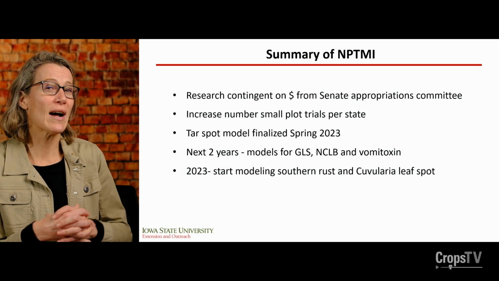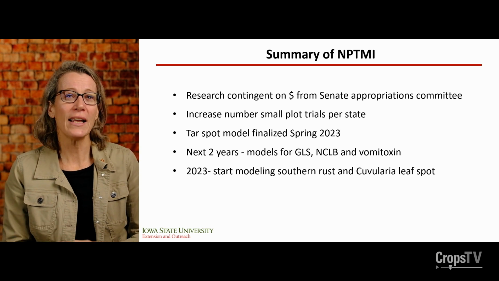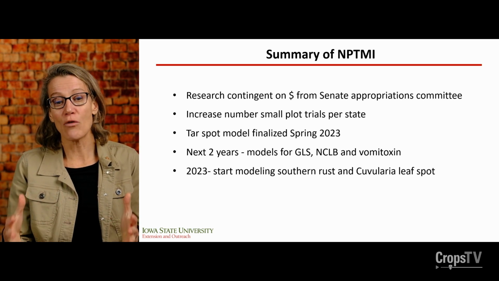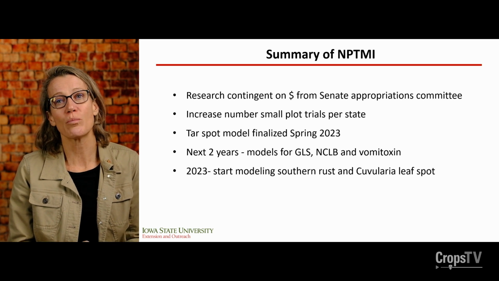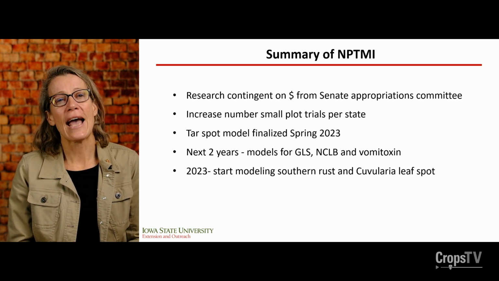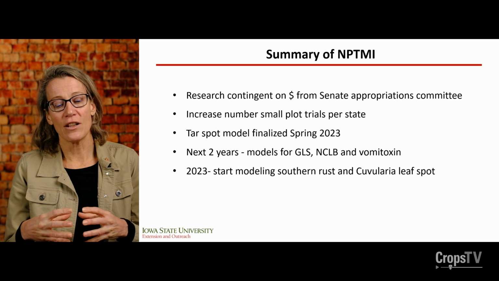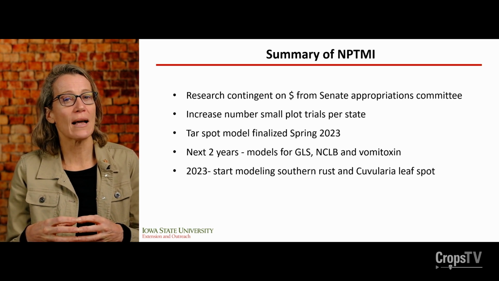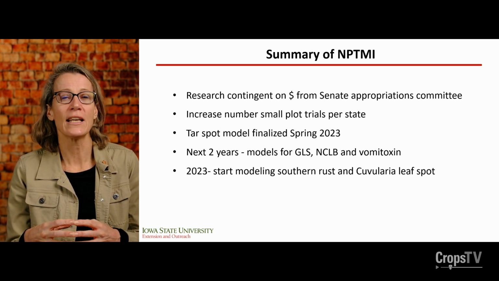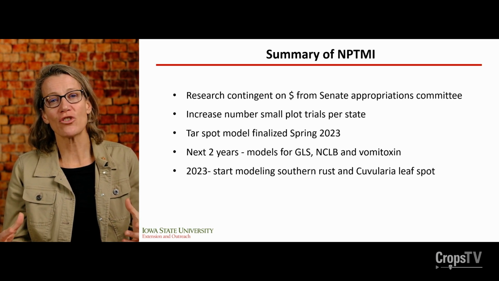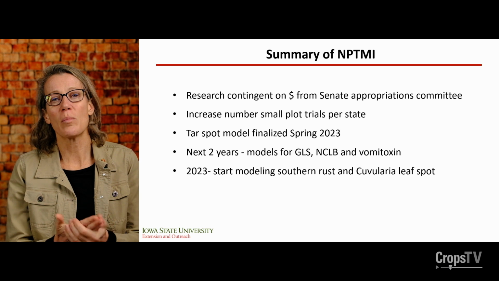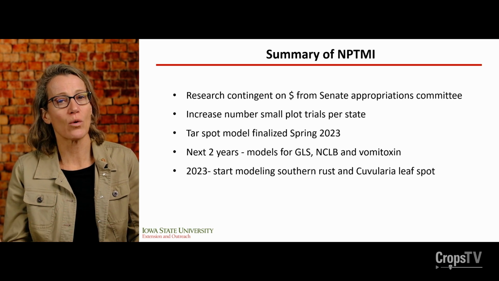So just to summarize the NPTMI, this research is contingent on dollars coming from the Senate Appropriations Committee, and in the future, we're hoping to increase the number of small plot trials per state, because we get so much data from those trials that they can really help us develop these models very, very quickly.